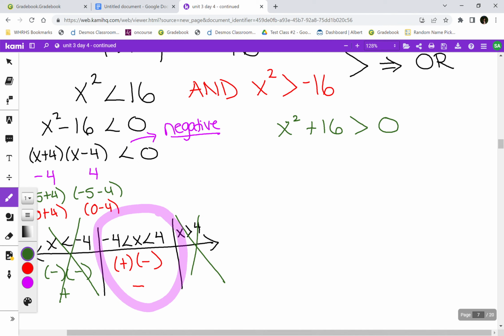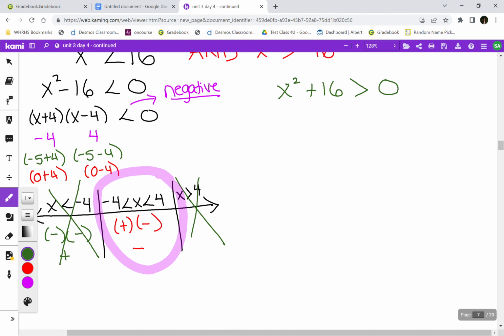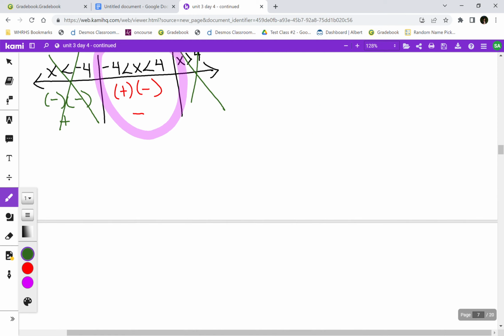No, it's always going to work. So this is all real numbers. There is an and between them, but an and between this and this means it has to be satisfied by both. So to satisfy this and to satisfy every real number under the sun, wouldn't it just be this? Yeah, so our solution here is x such that negative 4 is less than x, which is less than 4.